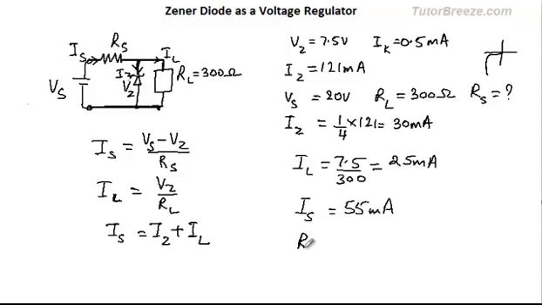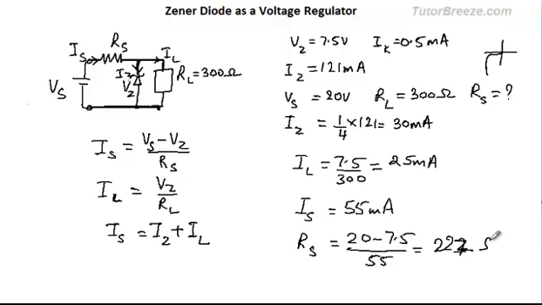Now we can find Rs, which is Vs minus Vz over Is, and if you calculate, this will be 20 minus 7.5 over 55, and this comes out to be close to 220 ohms.